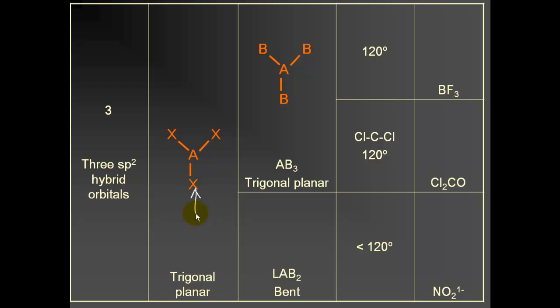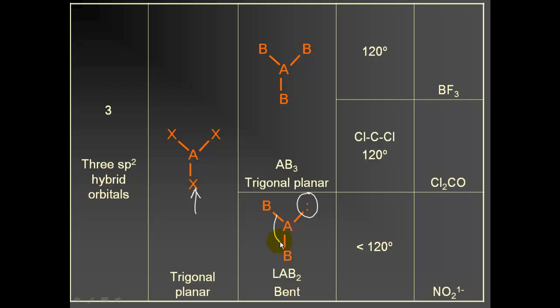However, if one of those terminal atoms was actually a lone pair, here's your lone pair, then the molecular geometry of that molecule is no longer trigonal planar, but it's a bent geometry. And this angle here will be less than 120 degrees.